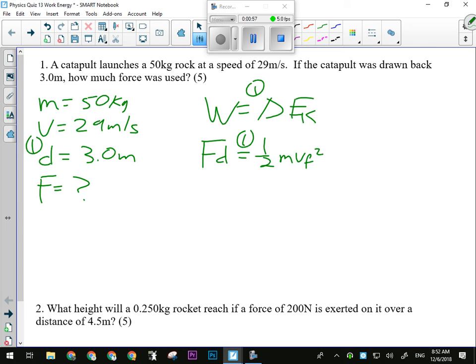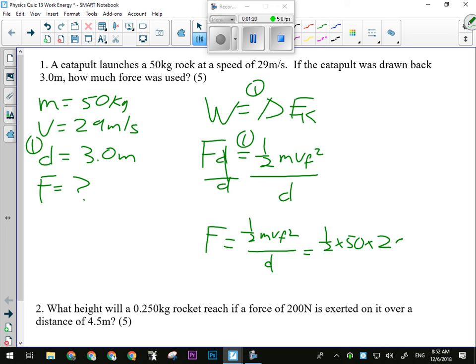3rd mark there. We're manipulating for force this time, so I need to move distance over to the other side. So I would divide both sides by distance, and I'll be left with this: force equals 1/2 mvf squared divided by d, which if they plugged in the numbers looks like this: 1/2 times 50 times 29 squared divided by 3.0, so they can have their 4th mark for that.